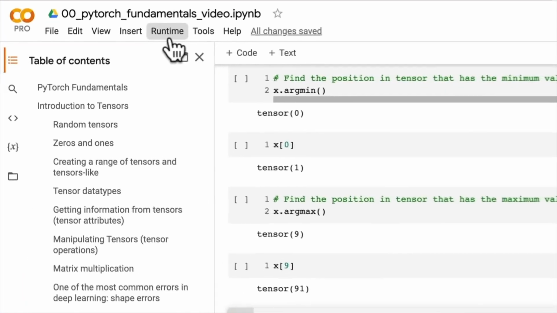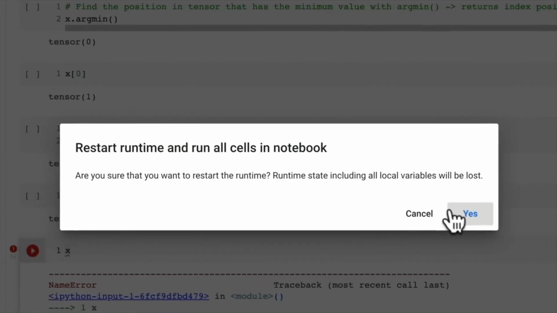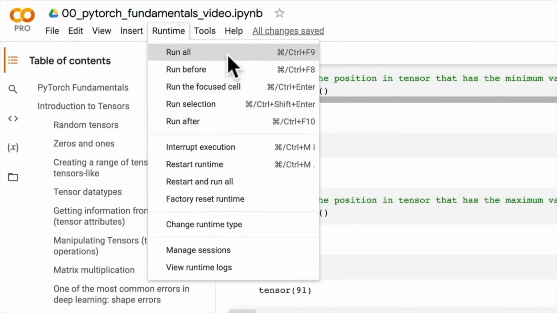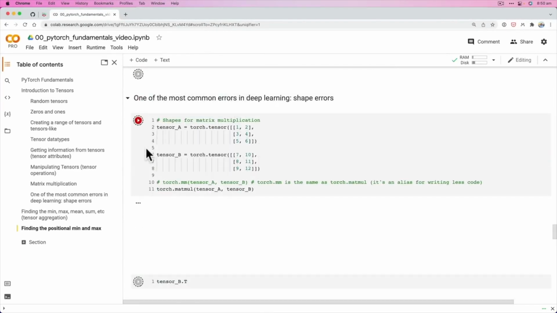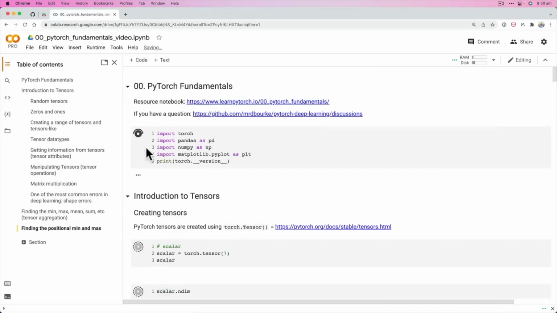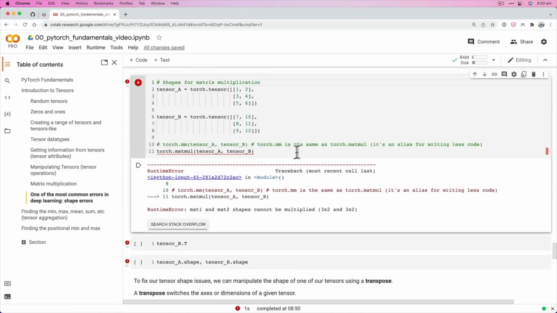So to get back to here, I'm just going to go restart and run all. You don't necessarily have to restart the notebook. You could also go, do we have run all? Yeah, we could do run before, that'll run every cell before this. We could run after, we could run the selection, which is this cell here. I'm going to click run all, which is just going to go through every single cell that we've coded above and run them all. However, it will also stop at the errors that I've left in on purpose.